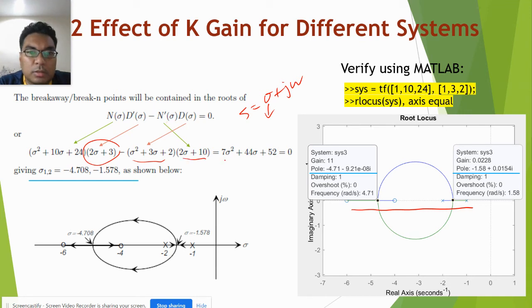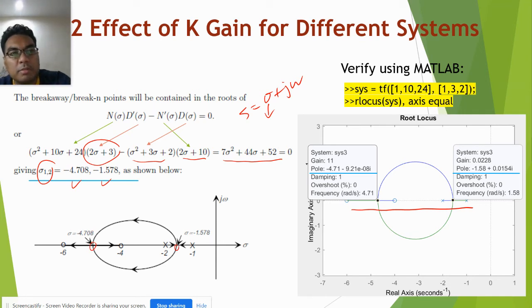So you will have a final form like this. From this, by using the characteristic equation solution, you can get sigma values at minus 4.7 and minus 1.5. So these are actually the break-in and breakaway points.